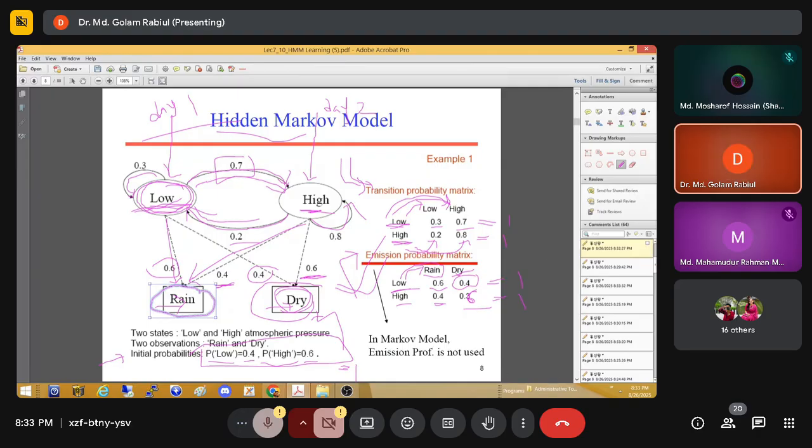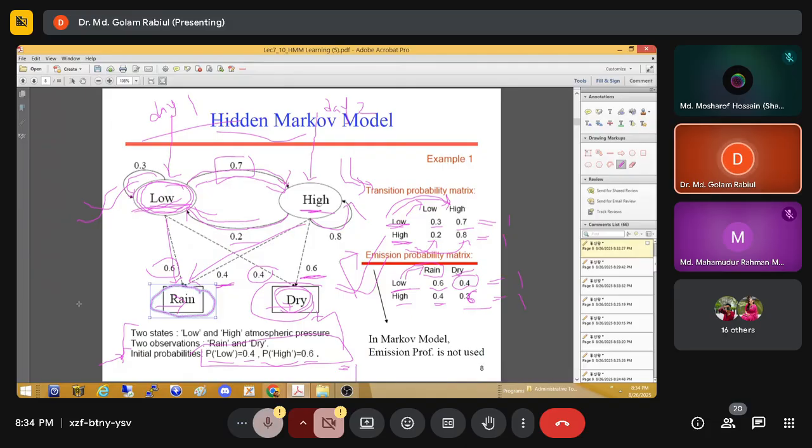We need to know the number of states and what those states are, and the number of observations and what those observations are. To model any problem, we have to know the states and observations. Though the hidden states are hidden, we need to know how many possible states there are. Here, for atmospheric pressure, we considered only low and high, so two states.